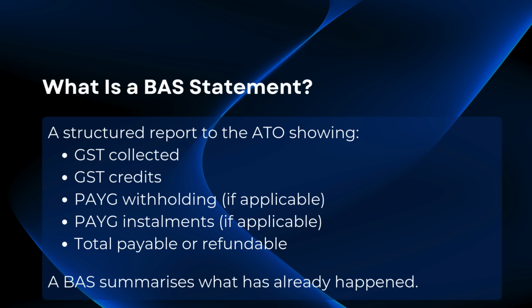This is extremely important. Your accounting software reports must match these exact dates. If your BAS covers July to September, but your sales report is showing July to October, your numbers will not reconcile. Always confirm the dates first before reviewing any figures.